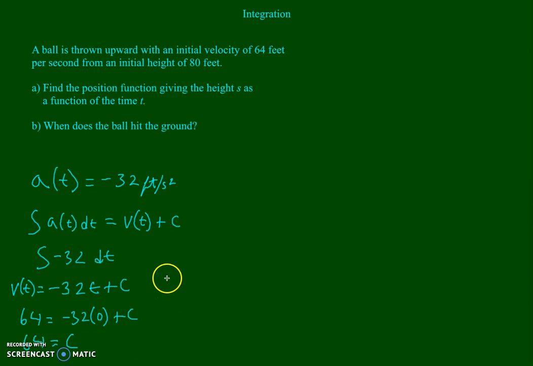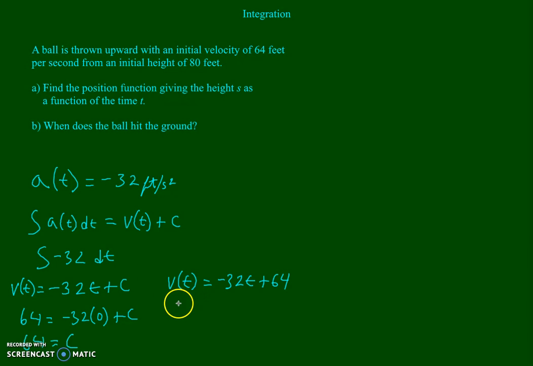Therefore, our velocity function, the particular solution to this differential equation, is negative 32t plus 64.